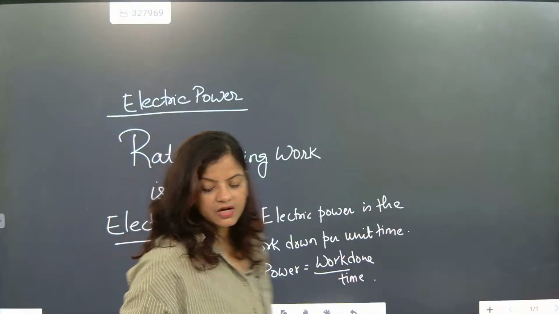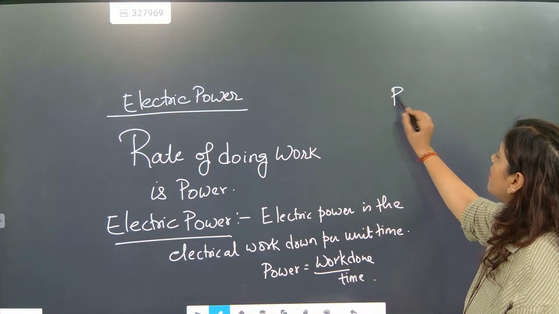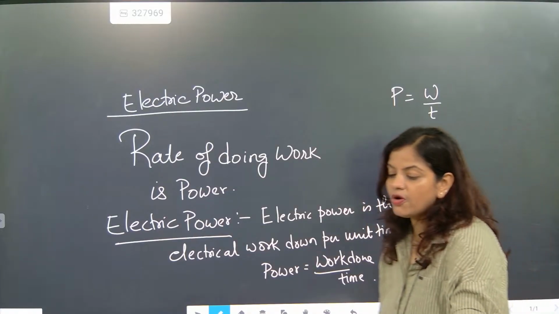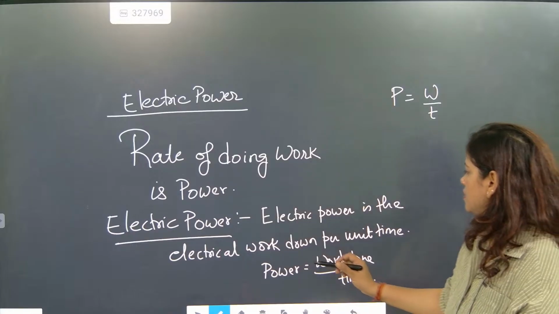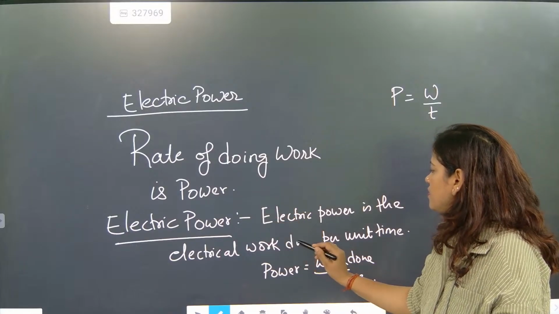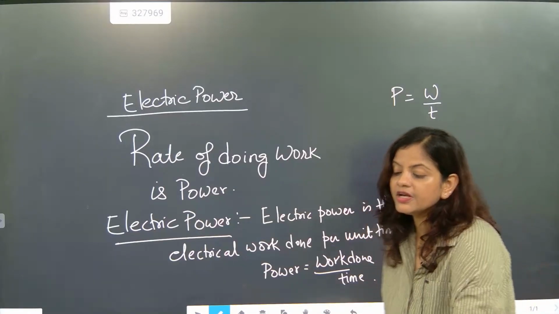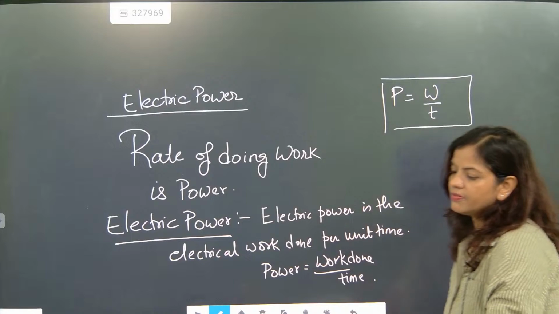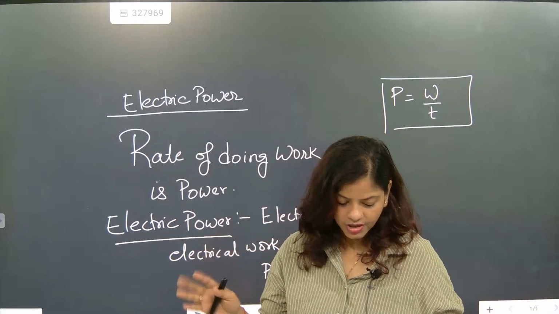We are writing power is equal to W by T. Note down the formula for power. Work done per unit time. So when somebody asks you what is electric power, power is equal to work done by time.